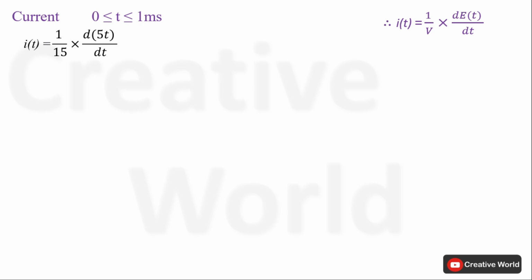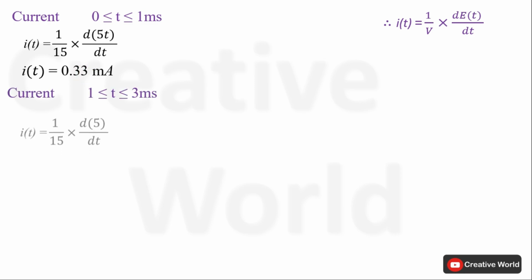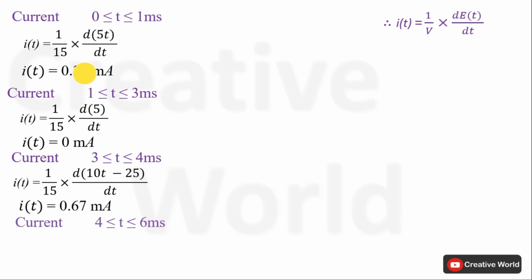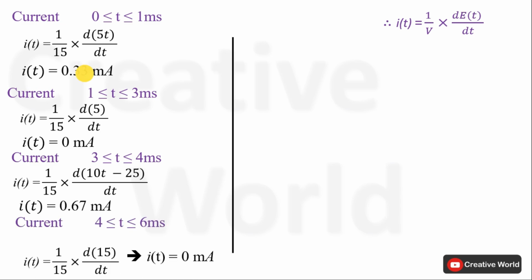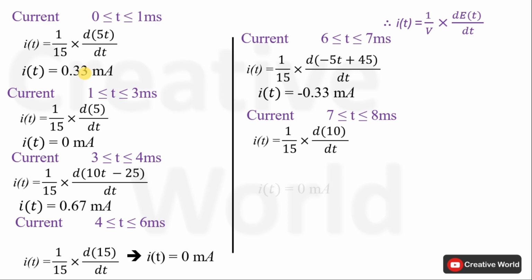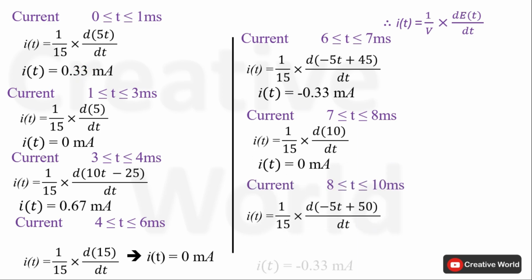After taking its derivative, we got the current value 0.33 milliampere. Similarly, for all other values of energy, I have calculated respective current values. You may pause the video and see the calculations here.